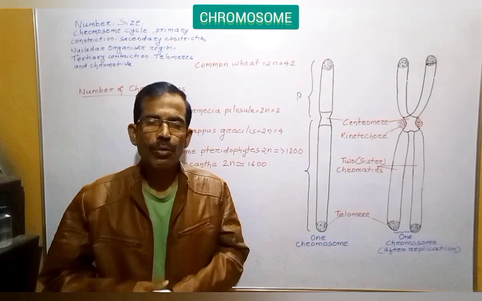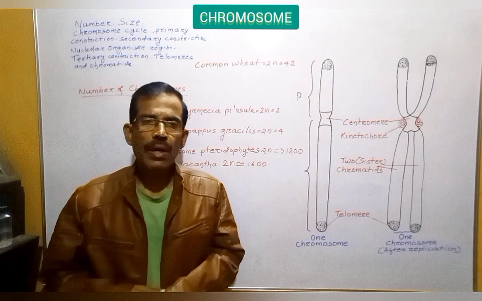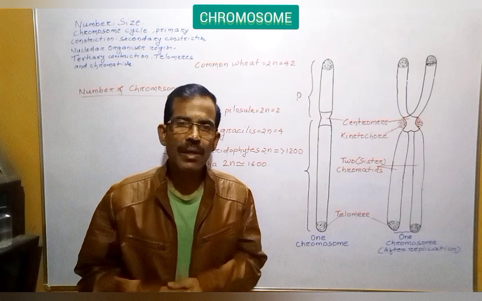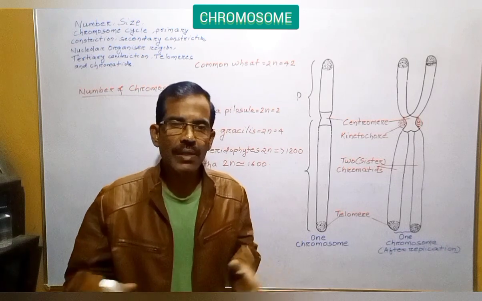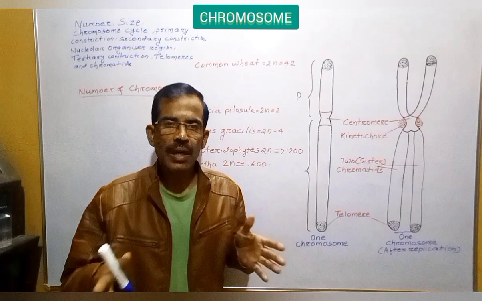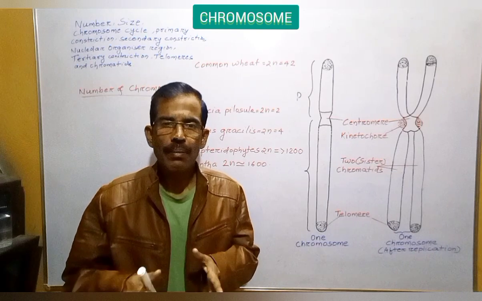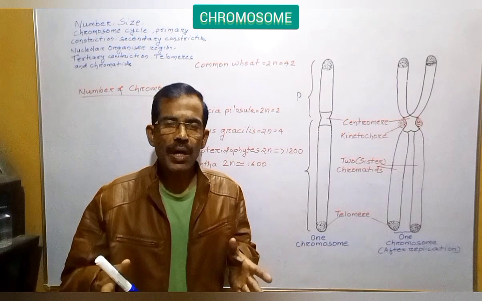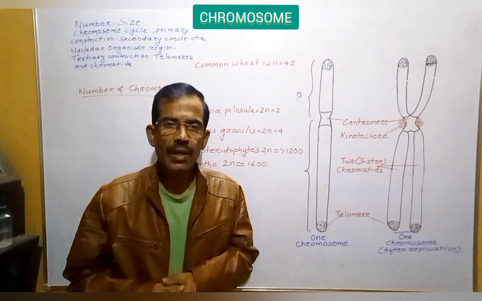Number of chromosomes. The number of chromosomes in the somatic cells of higher plants and animals is termed the somatic or diploid or zygotic number, while in gametes the number of chromosomes is haploid or gametic or reduced.